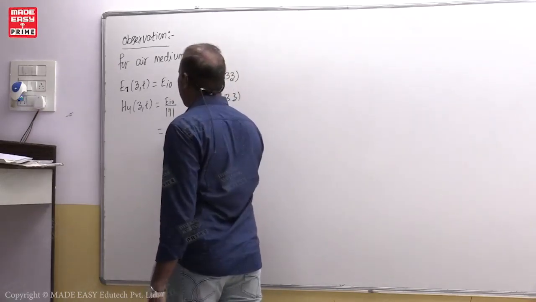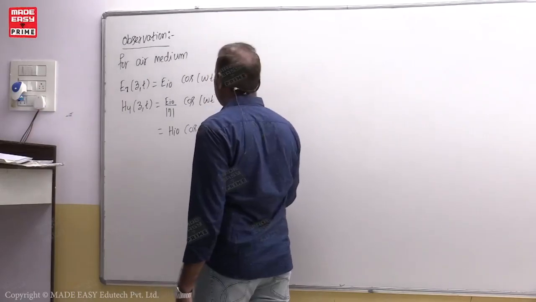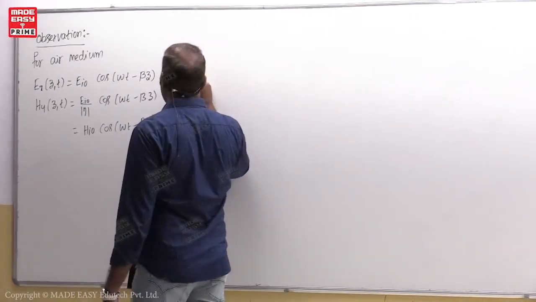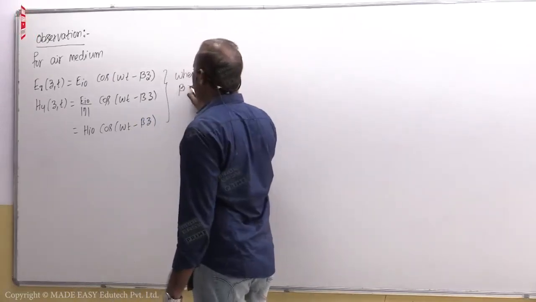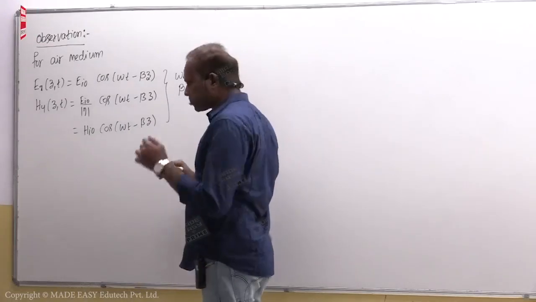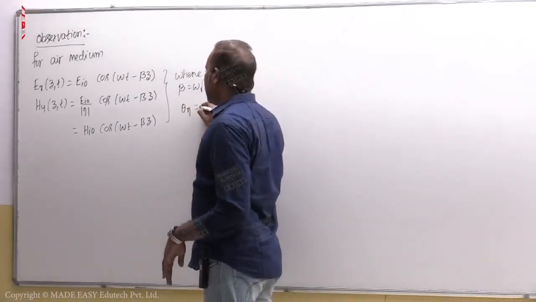It is written simply as Hi0 cos of omega t minus beta z, where beta formula is omega root mu naught epsilon naught. Anyway, I was telling you theta eta is 0.